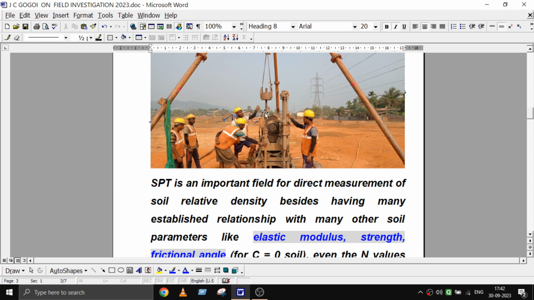It shall be perfectly vertical, and the load is released with the help of a machine so that it is perfectly vertical as far as practicable.